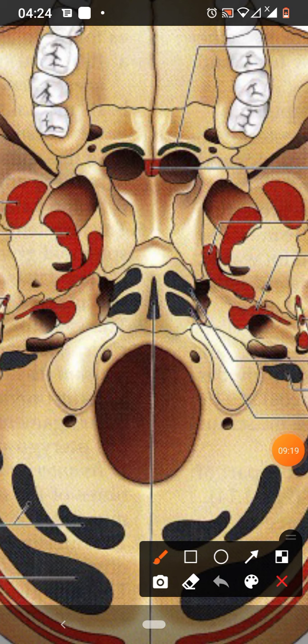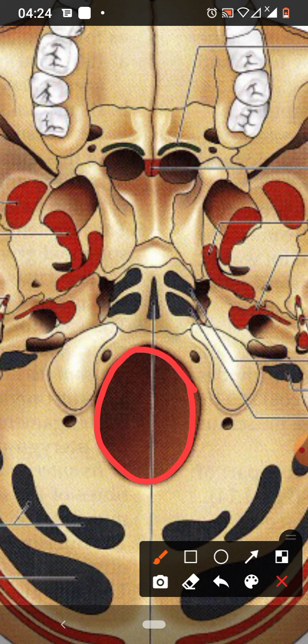So let's come to the posterior part, because we have discussed the anterior part and the medial part. In the posterior part, you know that here is the foramen magnum. The margins of the foramen magnum give attachment to some fibers of the membrane.